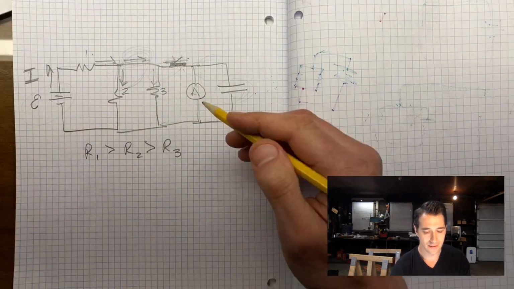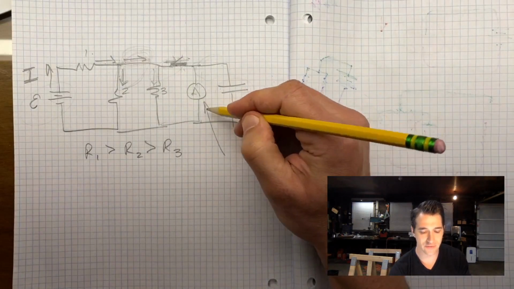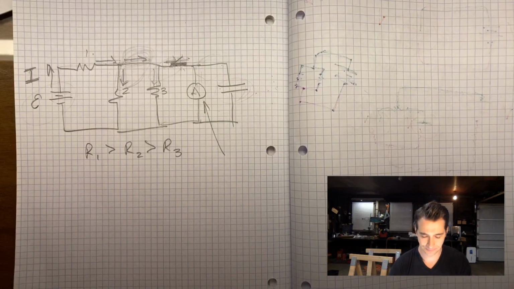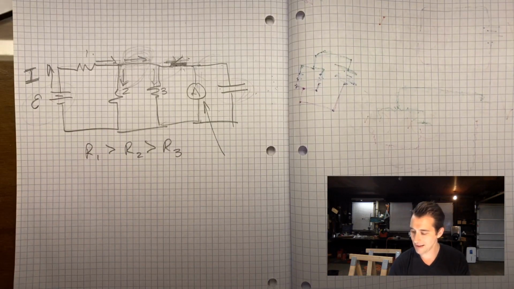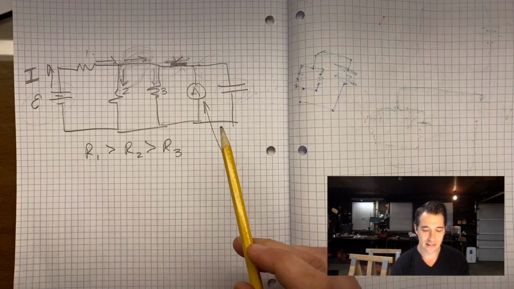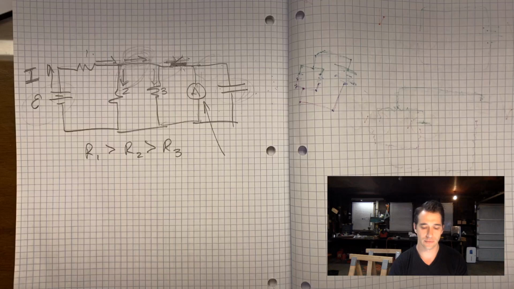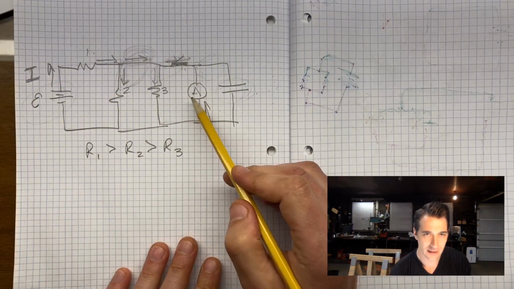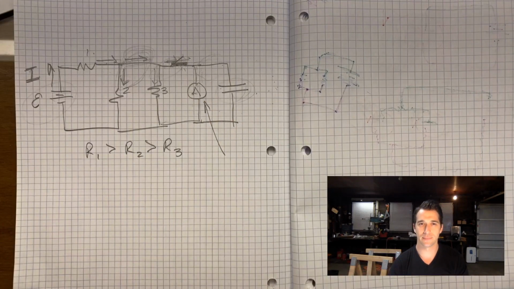Now, there's a key piece of information here that we have to think about. It may not be 100% obvious to you right away, but if you know anything about how we wire circuits and put ammeters and voltmeters into circuits, this should look a little funny to you, right? It wasn't here before, and then we just added it in.